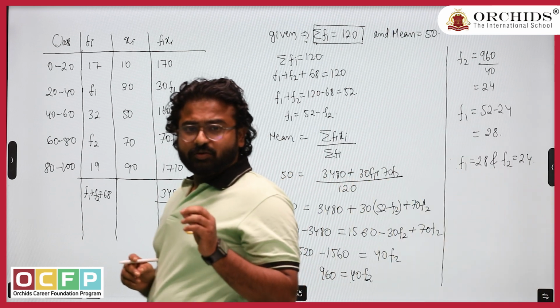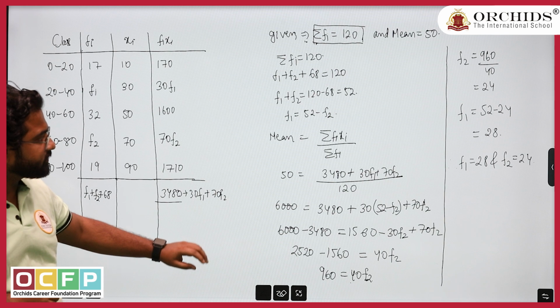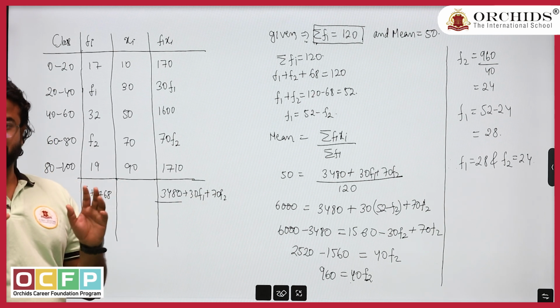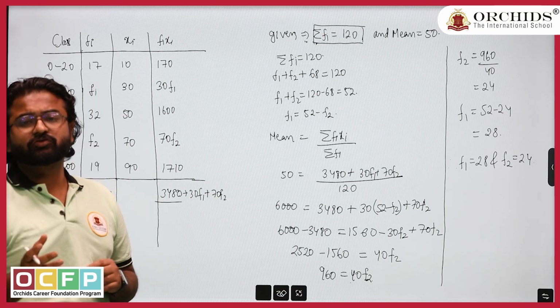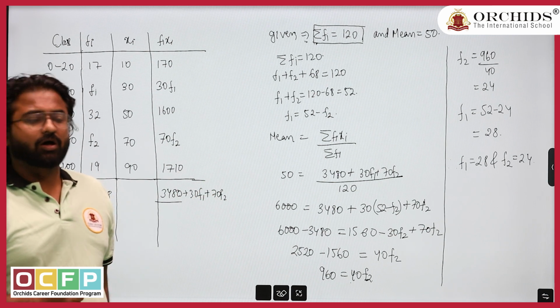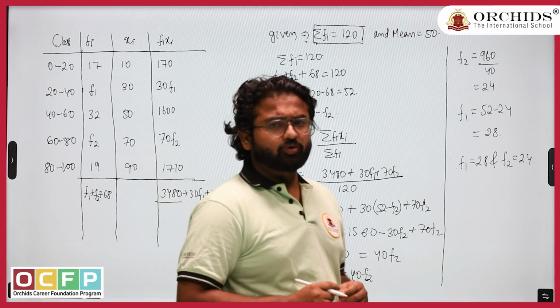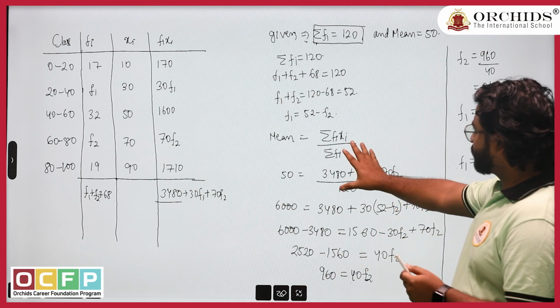Now in this mean chapter of statistics, these 4 questions are the most important questions. More than that, nothing is going to come. We have covered all types of questions from the mean chapter. So this is your answer.